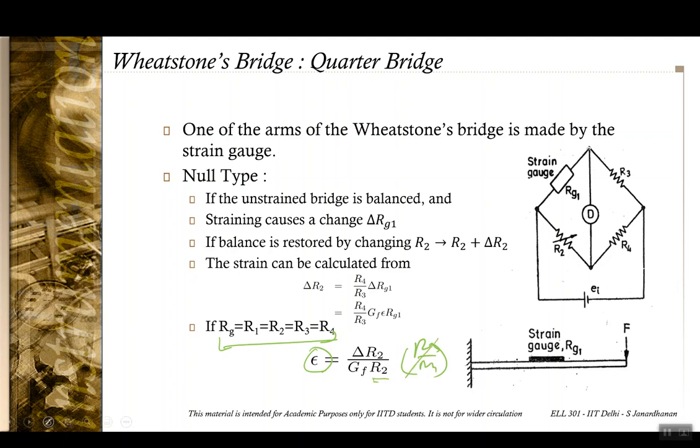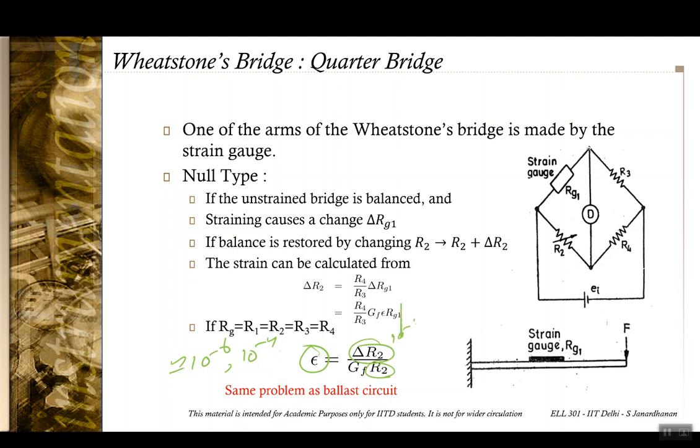What is of concern here is that the problem we had in the case of the ballast circuit still exists, because we know that epsilon is in the range of 10 raised to minus 6 to 10 raised to minus 4. So you are expecting that you are able to move R2 by a factor of 10 raised to minus 4.